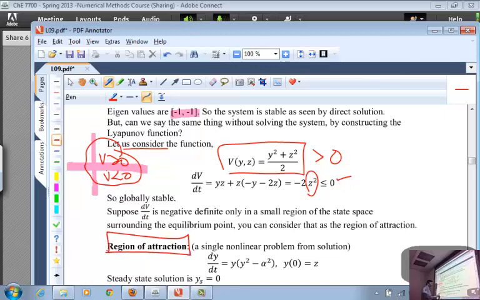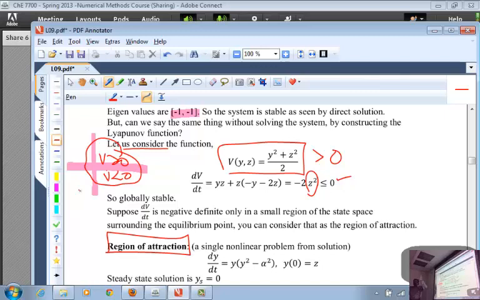So if I start anywhere in it, it satisfies the conditions of stability and it will be attracted. But it does not answer the question, if I have a point outside, does that mean it is unstable? The answer is no. It may also remain stable. That is because there is no uniqueness to V. The map that we construct for a region of attraction is not going to be unique either. Then the challenge becomes, how can I construct V such that I can map out the largest region possible?